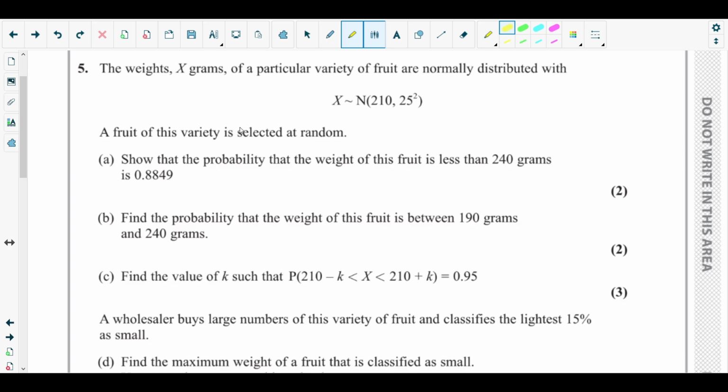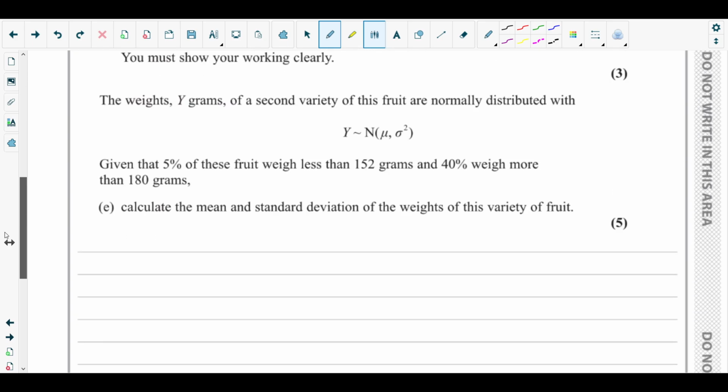Now they ask us to show that the probability that the weight of this fruit is less than 240 grams is 0.8849. Okay, let's see.